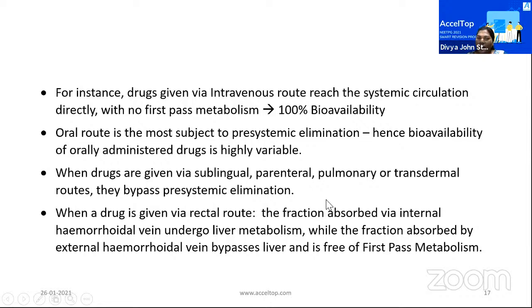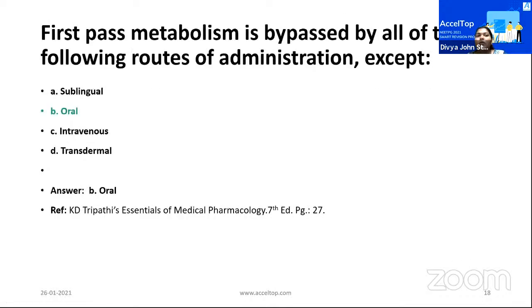When a drug is given via rectal route, there is a 50-50 chance. The fraction absorbed via the internal hemorrhoidal vein undergoes liver metabolism, while the fraction absorbed via the external hemorrhoidal vein bypasses the liver and is free of first pass metabolism. So this is the concept. First pass metabolism is bypassed by all of the following routes except oral. Oral is the one that is subject to extensive first pass or pre-systemic elimination.